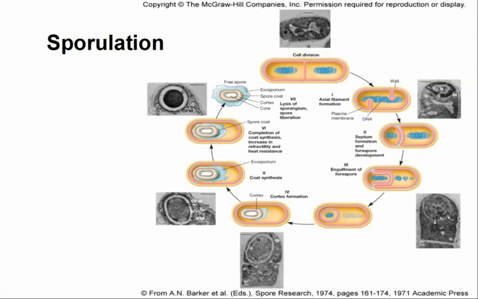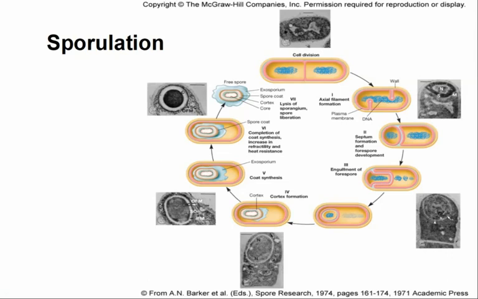So the larger cell will start to engulf the smaller one, and the smaller one is going to shut down all of its metabolism and desiccate its cytoplasm. So it becomes metabolically inactive. Then the larger cell, the sporangium, will start to synthesize all the layers that we saw in the endospore.